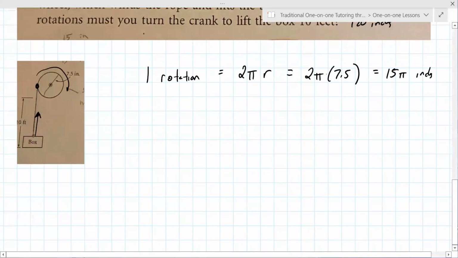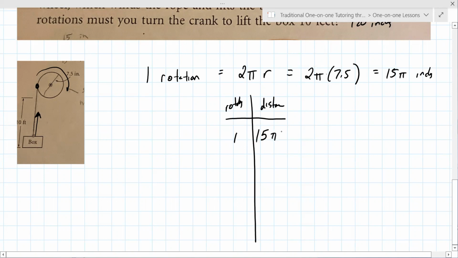So if we just make a quick table, here's your table, rotations and then distance. One rotation is 15 pi inches. A second rotation is 30 pi inches. And then a third rotation is 45 pi inches.